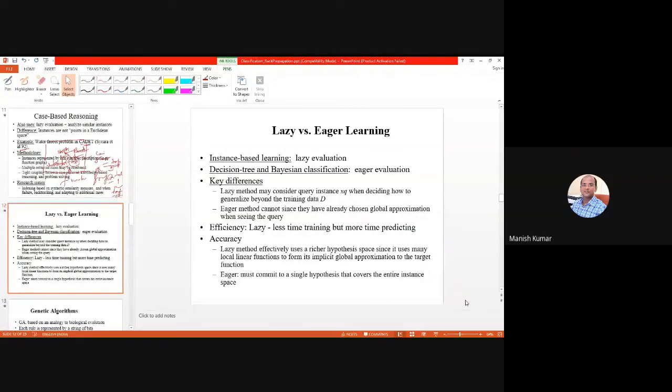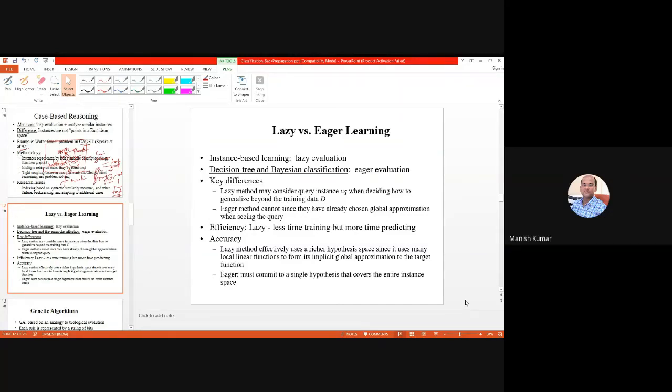Now we look at lazy versus eager learning. You know that decision trees and Bayesian classification are referred to as eager learning, whereas we have seen that case-based and k-NN are lazy learning methods.